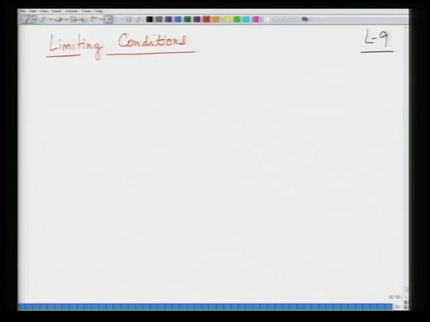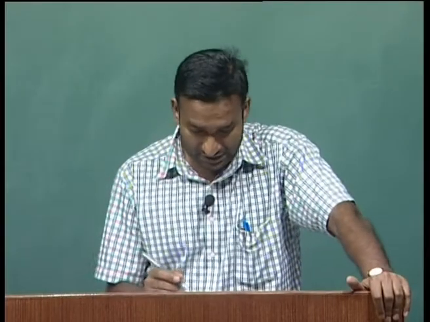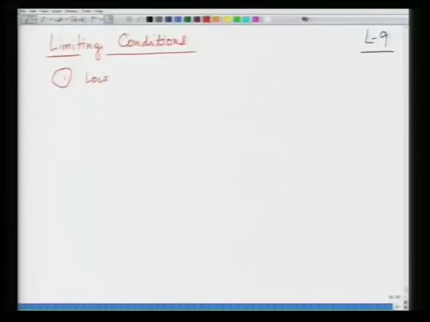Okay. So, we will take the first limiting condition, which is when you have low PO2 conditions, that is according to our particular oxide, you have oxygen deficit, that is VO dominates.